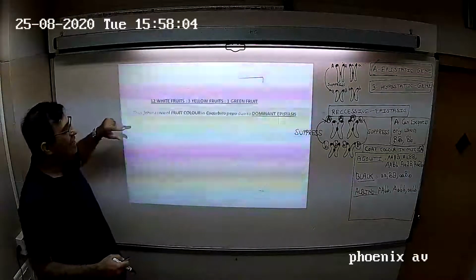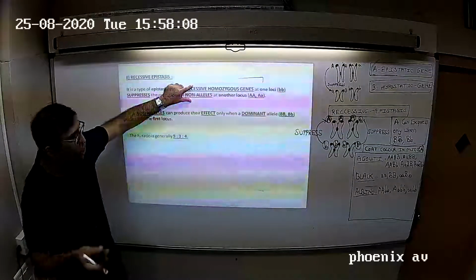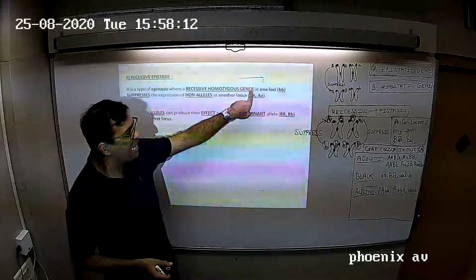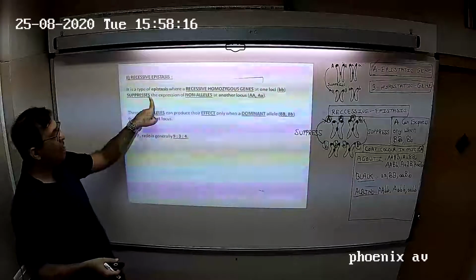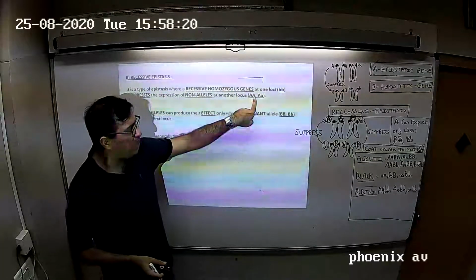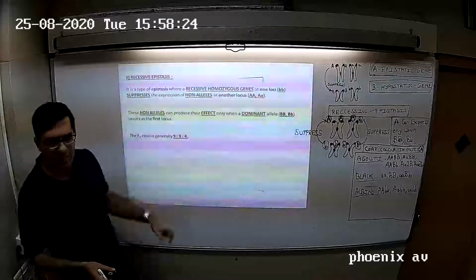और recessive epistasis, they may ask you which kind of expression: recessive homozygous genes at one locus, small b, suppresses expression of non-alleles at another locus, capital A, small a. That is called recessive epistasis.